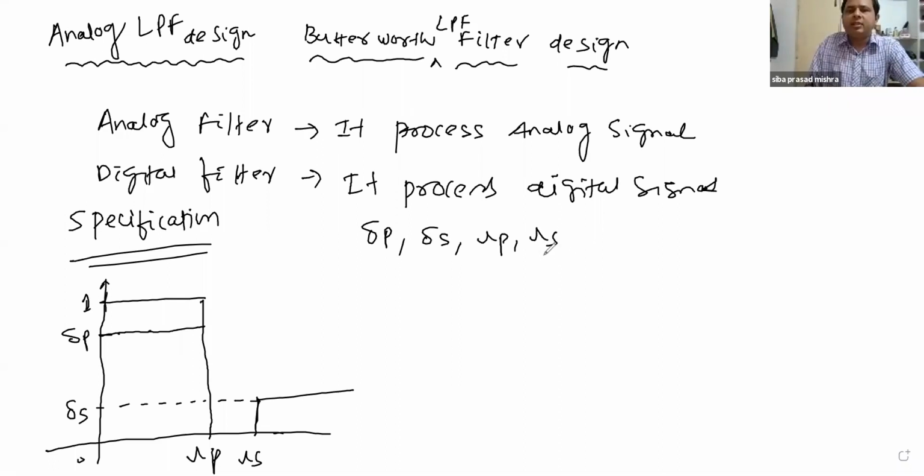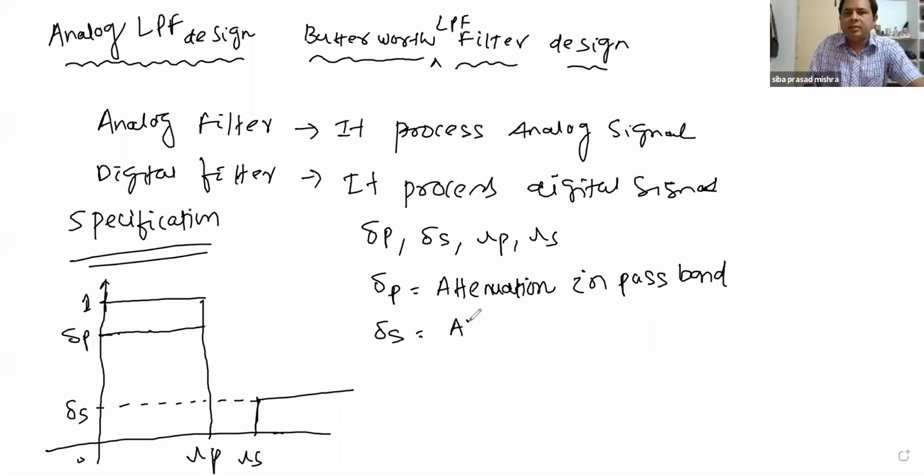These are the specifications. What is del p? Del p is attenuation in passband, or you can say ripple also, or noise also. What is del s?